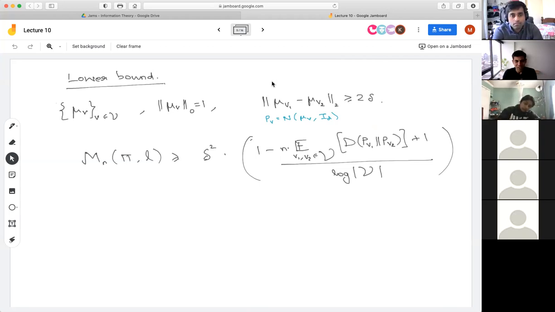We want to find a collection of potential means, or a collection of distributions, such that they are at least delta far, and at the same time they're not too far, because the KL divergence is something like 1 over 2 ln 2 times the squared distance between mu 1 and mu 2, as we proved, or as I assigned as an exercise last time.